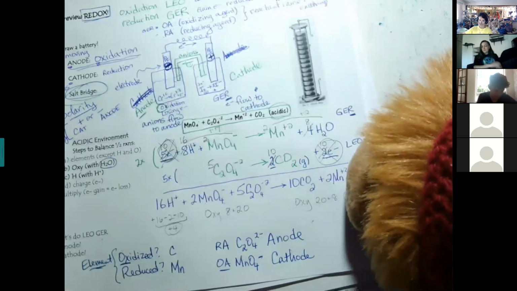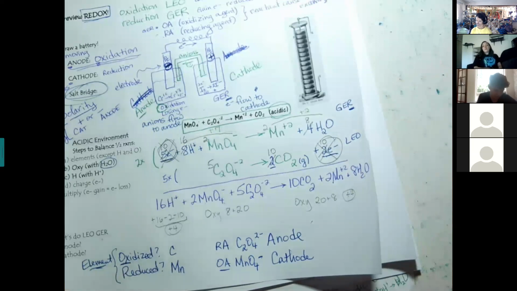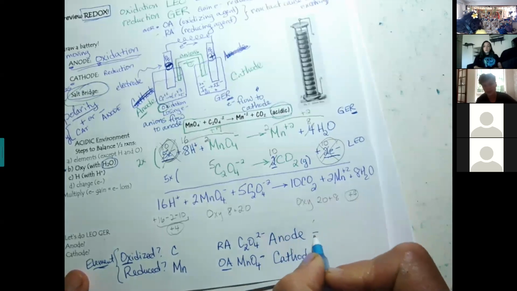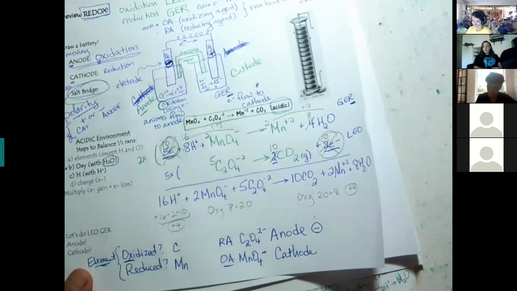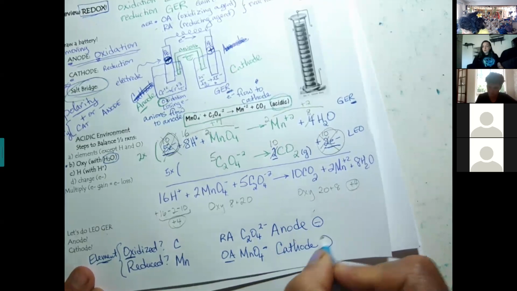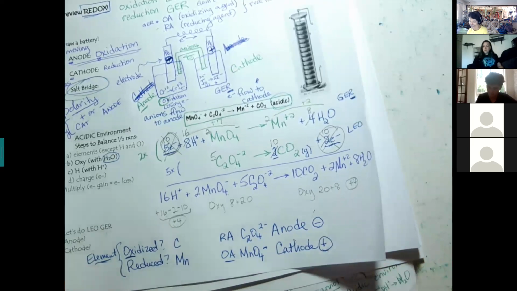All right, which one is the negative? Well, this is easy for right now. The anode is just like the anions. And the cathode, cats have paws. That does work with this. The cathode is going to be positive here.